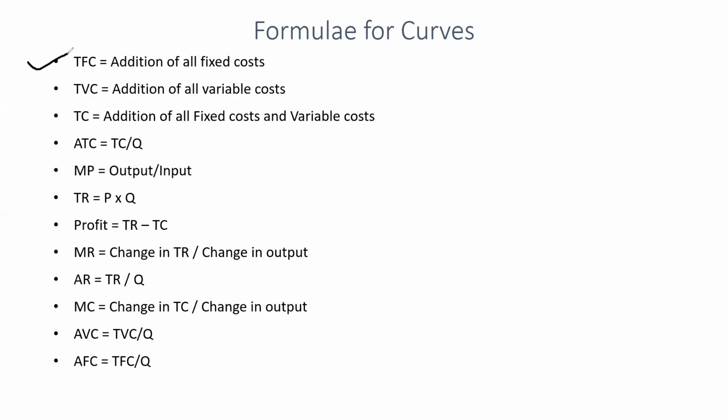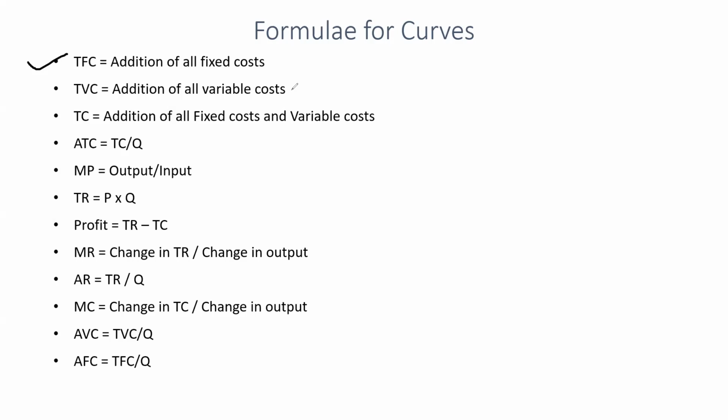So that's TFC. Then you've got total variable cost. That is the addition of all the variable costs. These are costs that will change based on your operations and the number of outputs that you have produced. For example, if you hire more staff on a particular day, the wages that you have to pay those staff will increase.